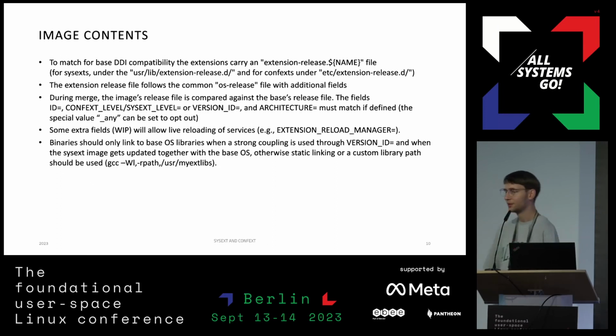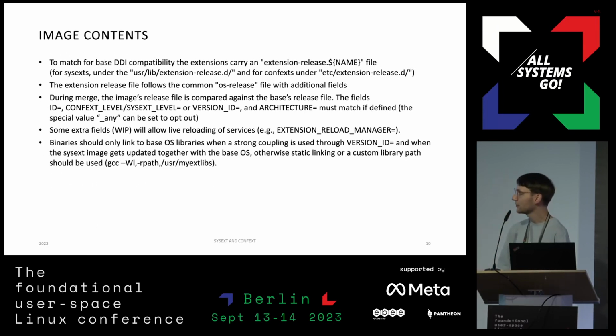Okay, so what actually goes into this image was mentioned before. We have to somehow match for compatibility so that these images are actually safe to load. That's this extension-release.name file of the extension. For sysext images, that's under the /usr/lib/extension-release.d folder, and then for confext, that's /etc/extension-release.d.